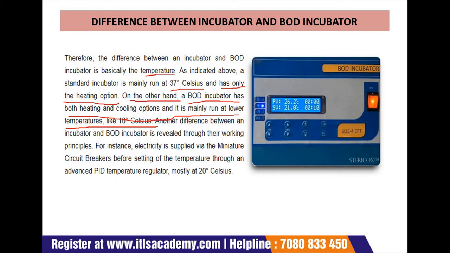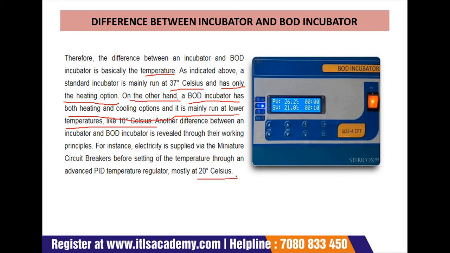Another difference between an incubator and a BOD incubator is revealed through their working principles. For instance, electricity is supplied via the miniature circuit breakers before setting the temperature through an advanced PID temperature regulator, mostly at 20 degrees Celsius.